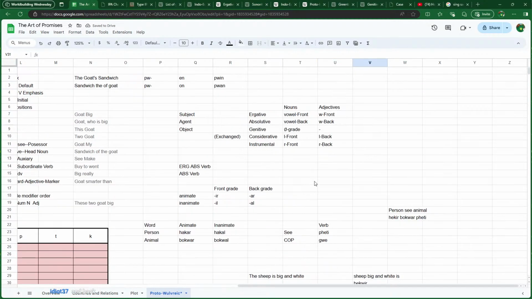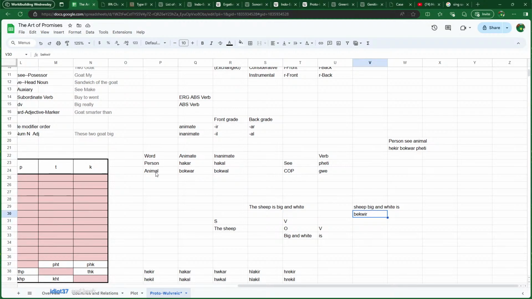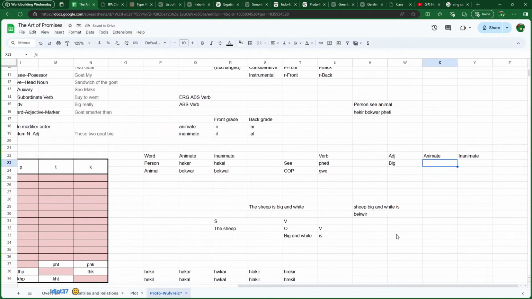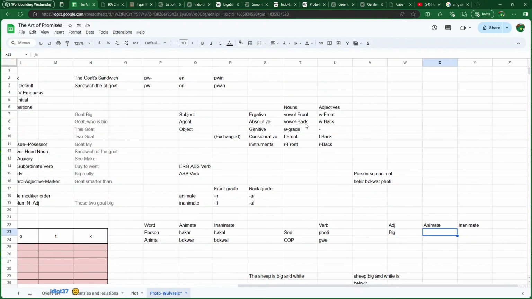So bequeer, we can have adjective. We'll have adjectives agree with animacy. So for big, again, this is just the absolute form.